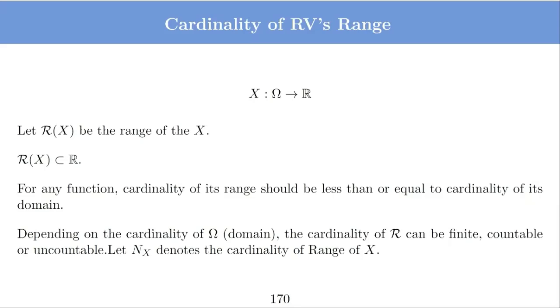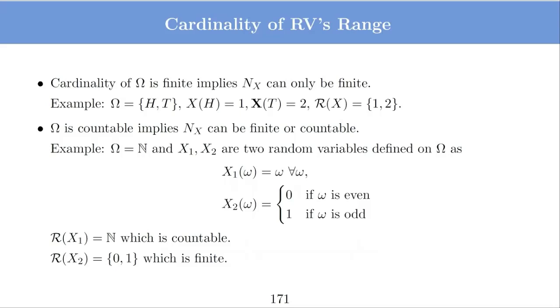So now, depending on the cardinality of capital omega, the cardinality of R can be finite, countable, or uncountable. Let us denote the cardinality of the range of X by nx. So now we can take three cases. Suppose the cardinality of capital omega is finite.